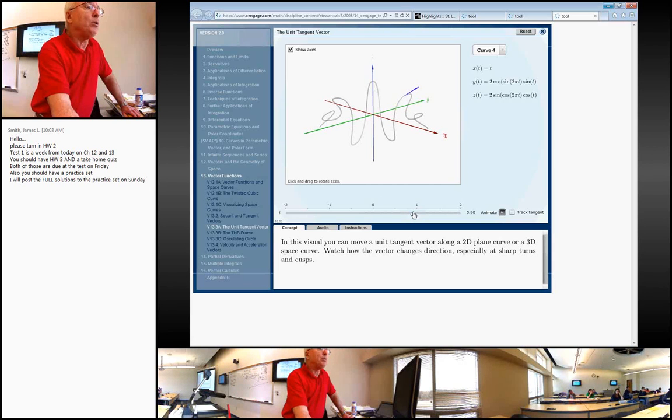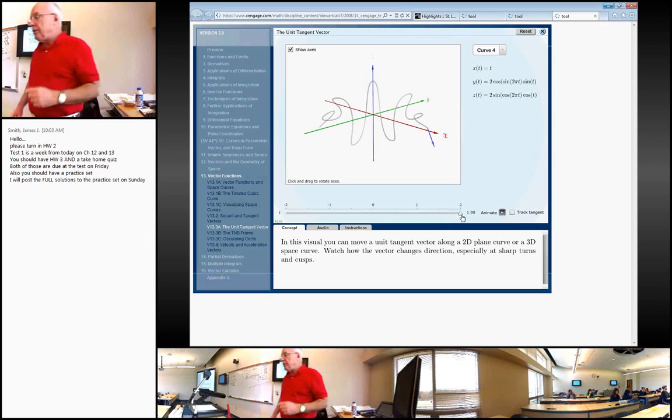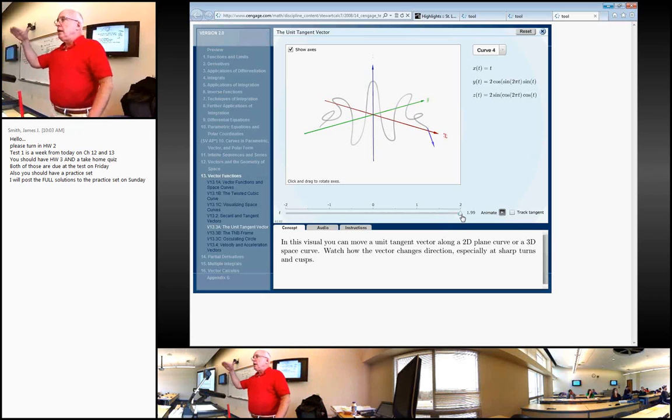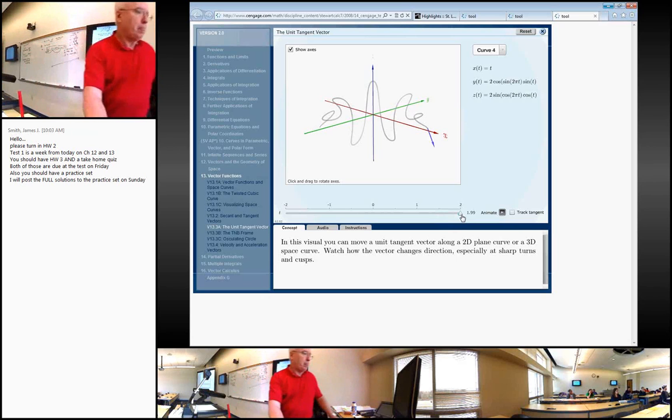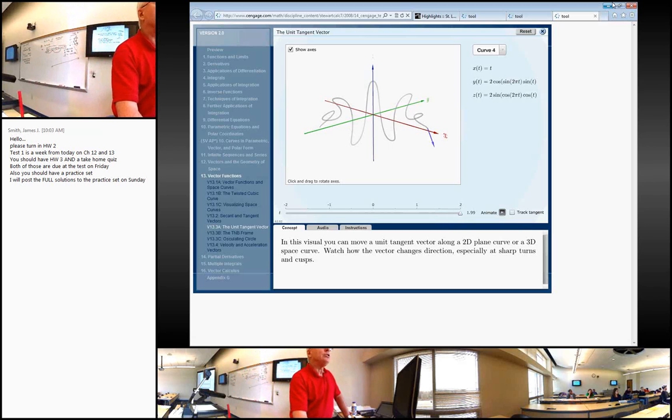That purple vector is changing direction quite a bit. Then here we've got curvature again. And right here we've got this very tight loop, a lot of curvature, and this tangent vector is flipping around 360 degrees, and then it goes out. So the more this unit tangent vector changes, the more curvature our curve has.